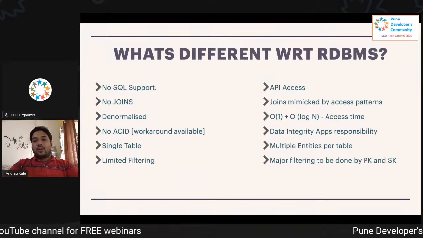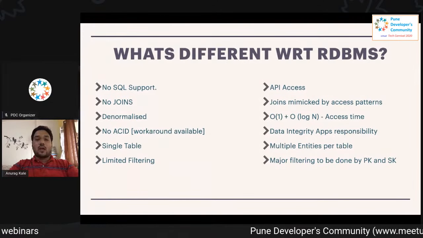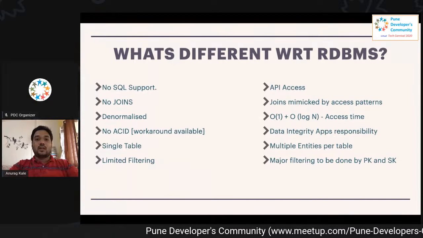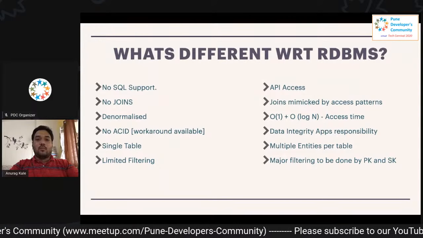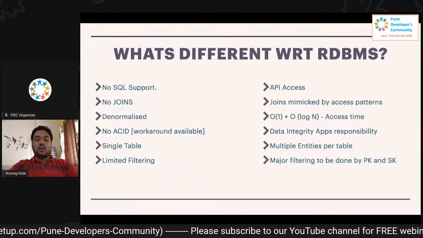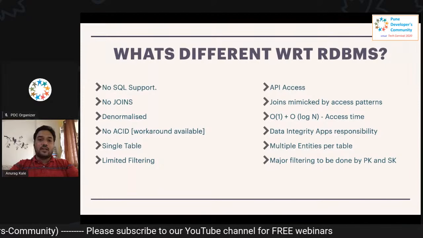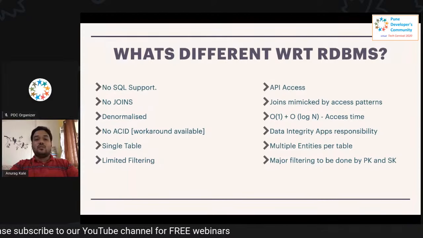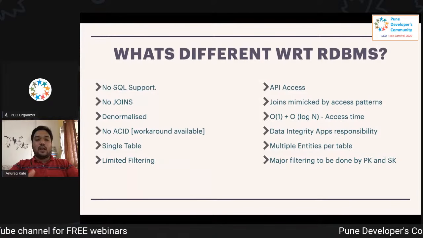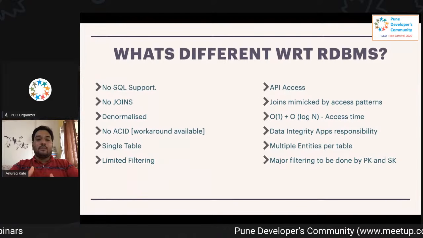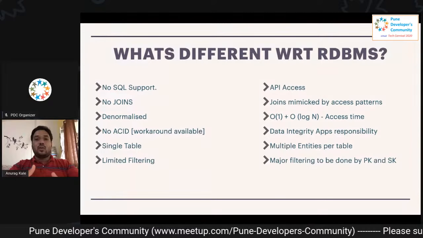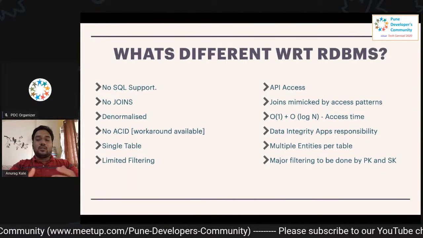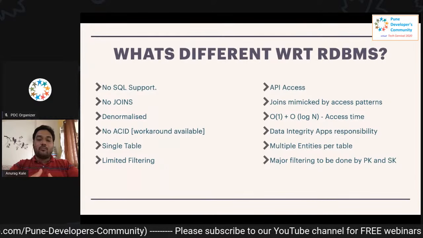But there is a small workaround available wherein you can have transactions defined inside a particular API call, where you can bunch different reads or writes into a single transaction. That is the only thing that is available. But consistency and integrity are now the responsibility of the application to take care of.